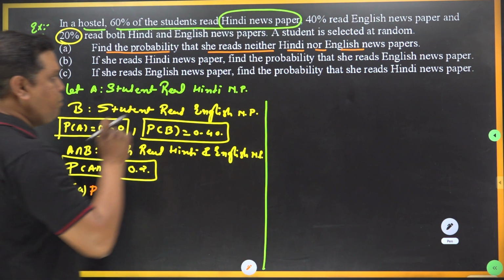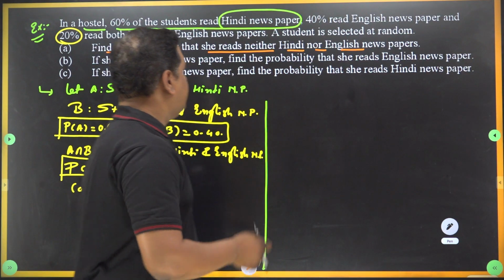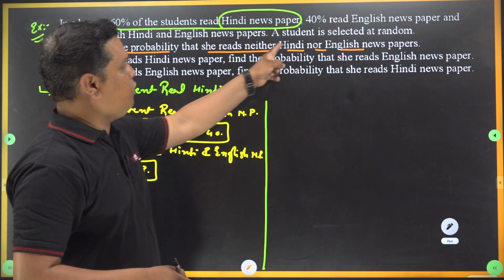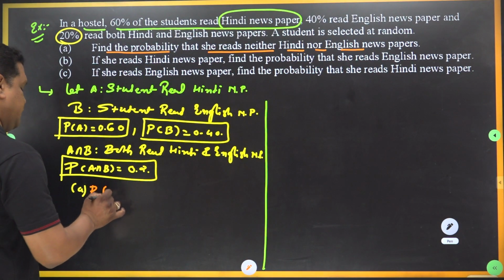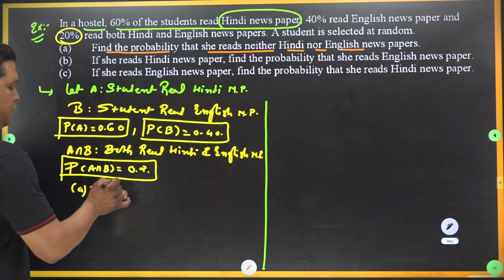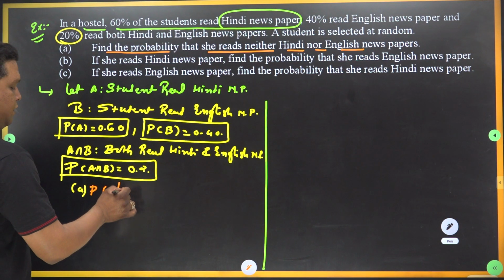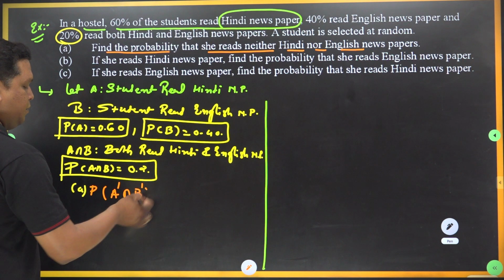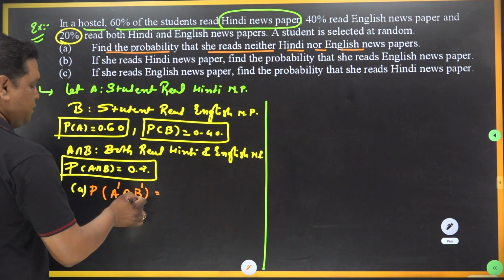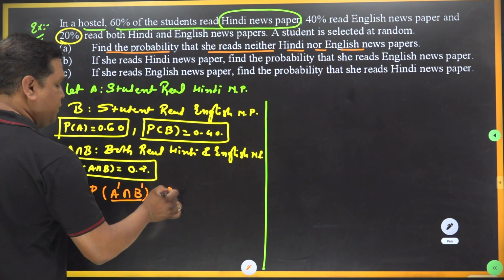So people are, they don't want to read Hindi nor English. So that means they don't read Hindi, A dash, nor B dash, A dash intersection B dash. So apply De Morgan's law.